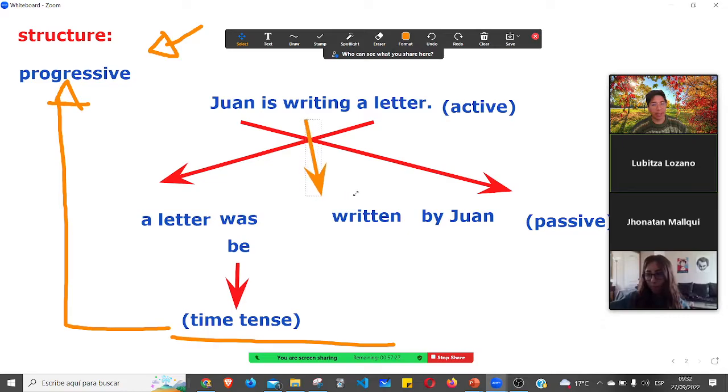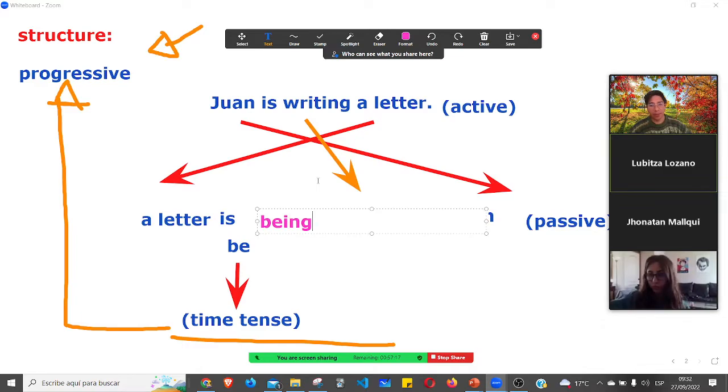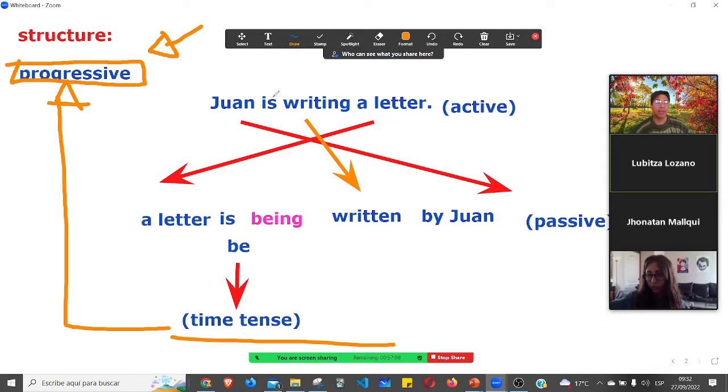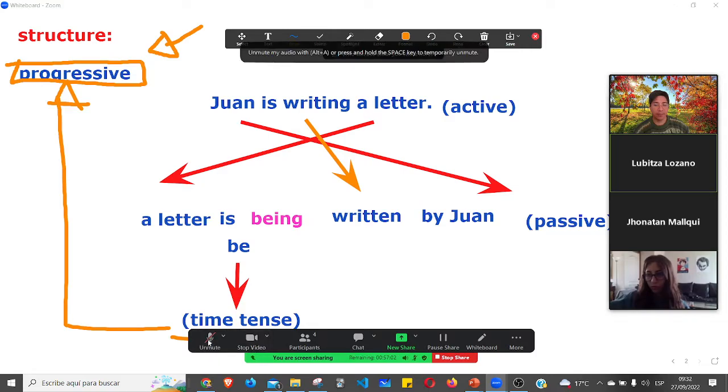Because you say a letter was written, or in this case, because this is the present, you say a letter is. So what you have to do is add this word, being, just with that progressive. Okay? So you say Juan is writing a letter; a letter is being written by Juan. Did you understand? Yes?